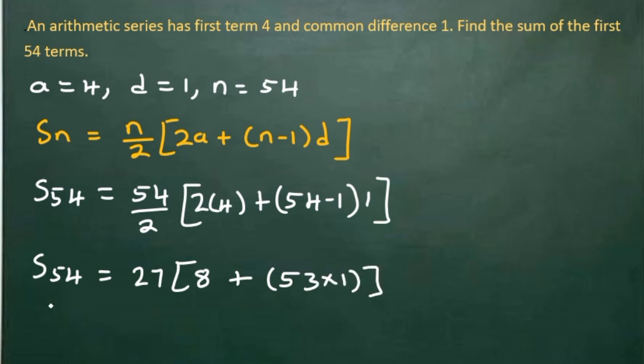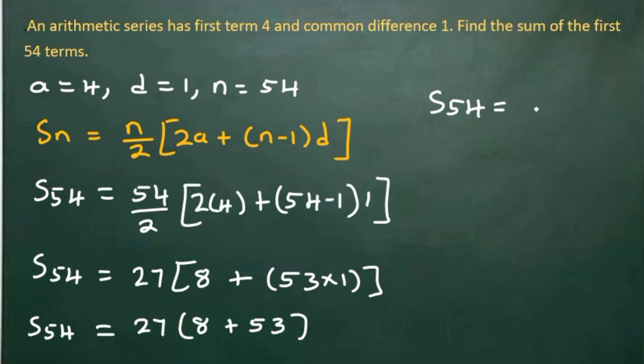Okay, so moving on, the sum of the first 54 terms equals 27, in your bracket, 8 plus 53. That will give us 61.